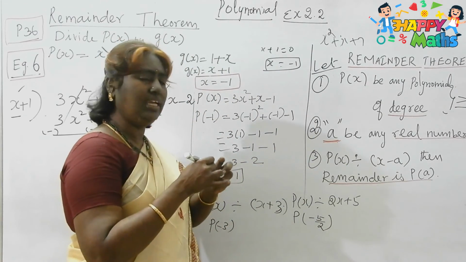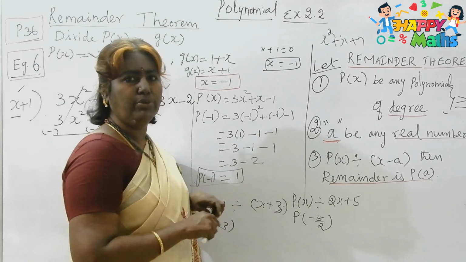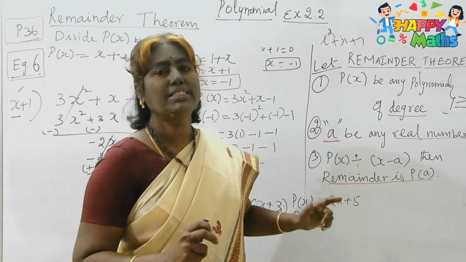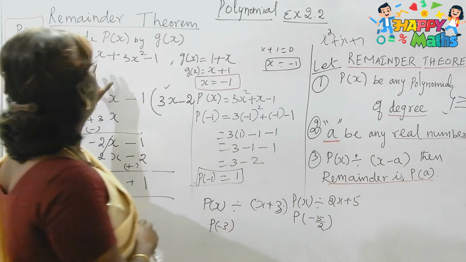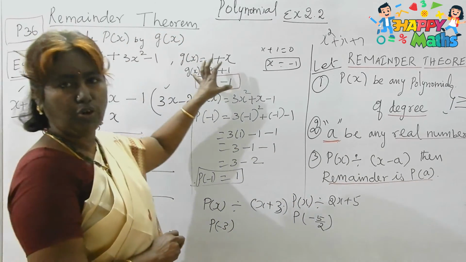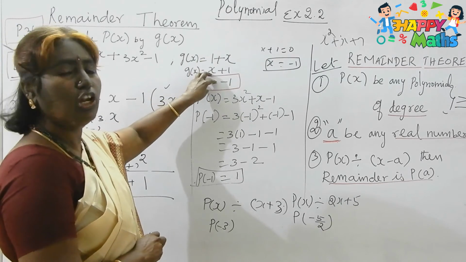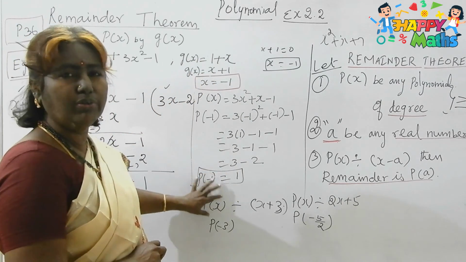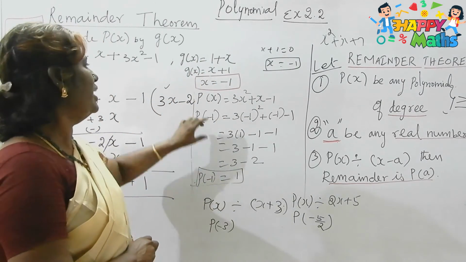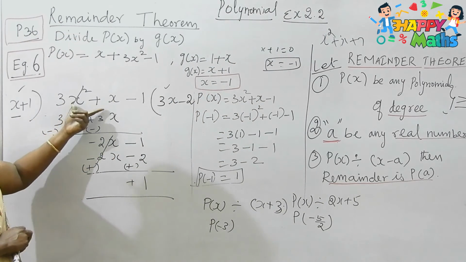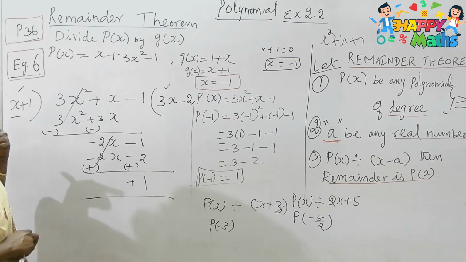So, only 3 important points. That too, you first understand quickly. I will revise this now. So, whenever you divide any polynomial by a binomial, if you get the value of x and substitute the value, that will be the same as dividing this polynomial by the binomial.